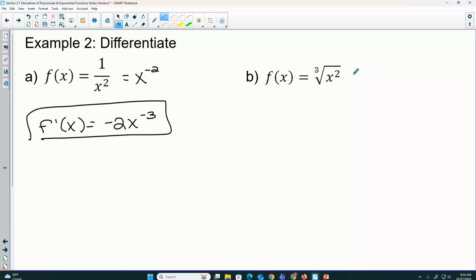All right, if I said the cube root of x squared, how could I rewrite that so it was a power function? X to the 2/3 power. So my derivative, try to make sure that you're labeling these. It is f prime, so you don't get confused with what your function was. Exponent comes down.